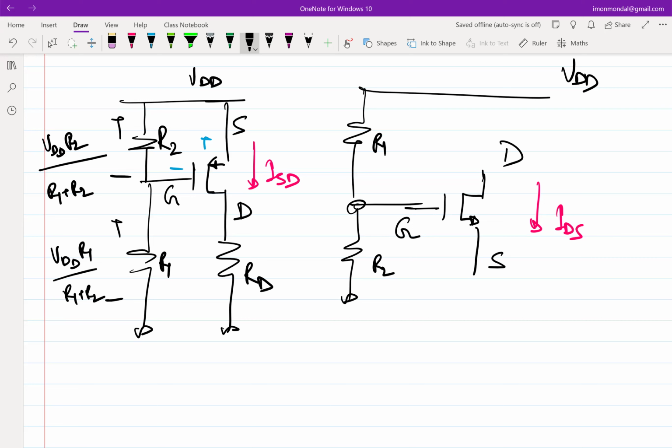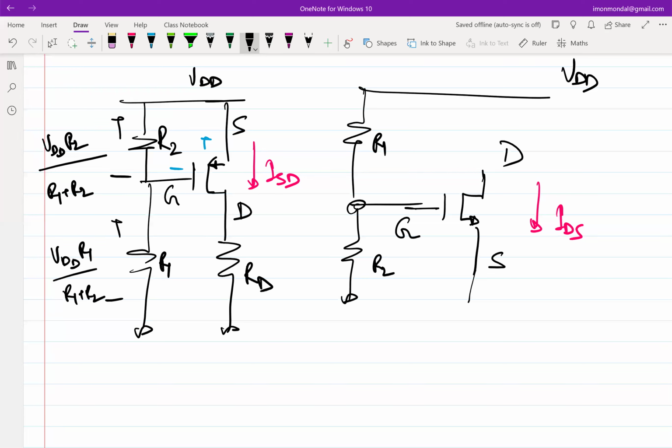Okay. So what about the source? So in case of a PMOSFET device, I got the gate voltage, fine. But basically I'm looking for the gate to source voltage, right? So what should be the source voltage in order to have the same source to gate voltage in case of a PMOS?